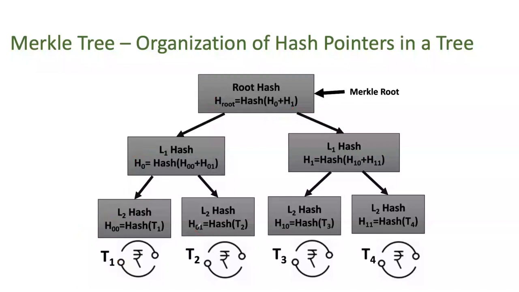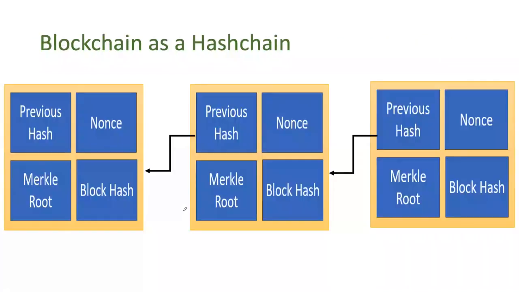So this is the organization of your hash pointers in a tree. Now if you take that entire concept into your blockchain as a hash chain, in every block, to generate a hash value, there will be a nonce, and based on that nonce and the previous hash value, it generates the new block's current block hash value.